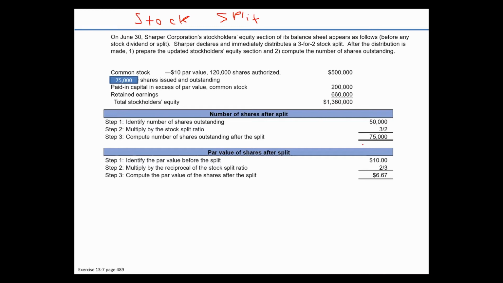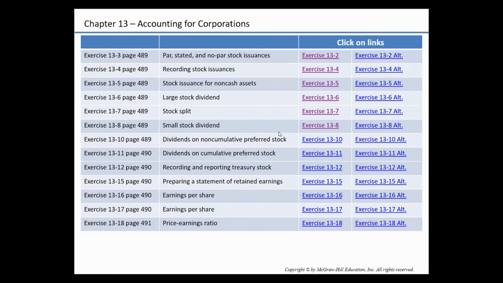The investors still hold the same total amount. So even though the par value is changing to $6.67, the total stays the same, and the number of shares is going to increase.